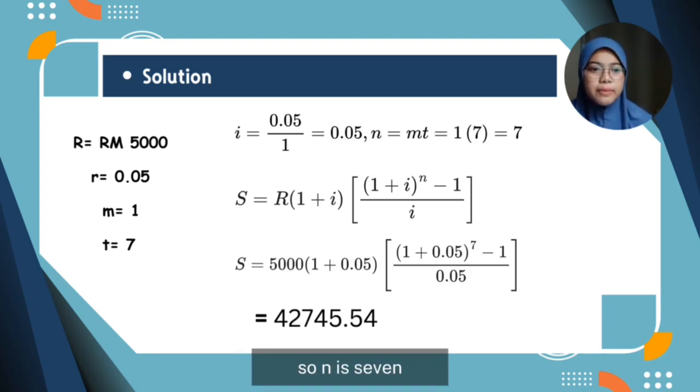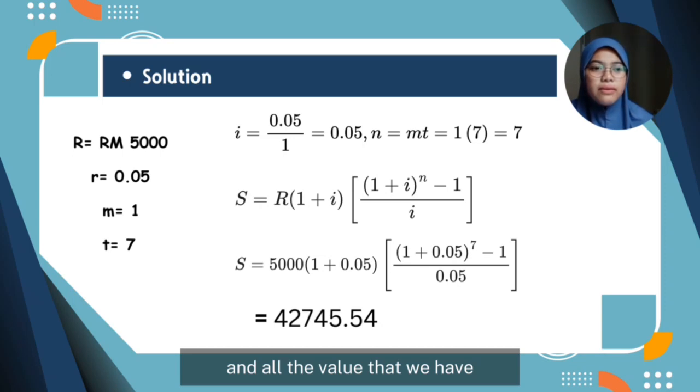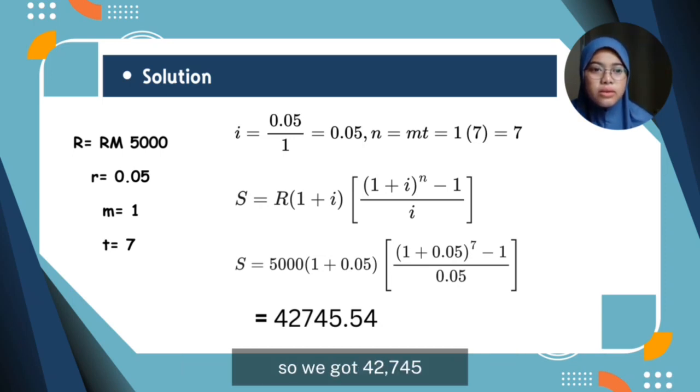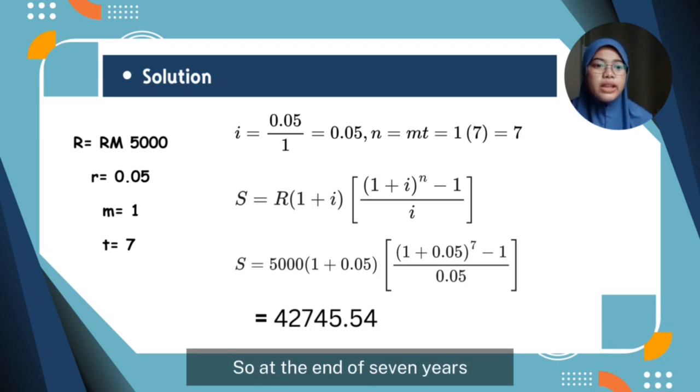So N is 7. All the values that we have, we substitute in the formula. So we got 42,745 ringgit 54 cents. So at the end of 7 years, Chahanso will have this value for his son's education.